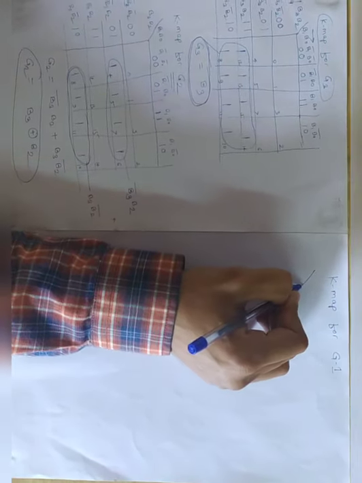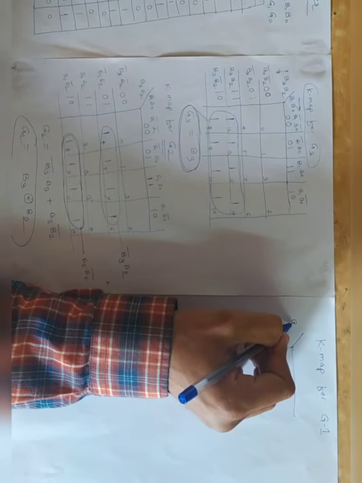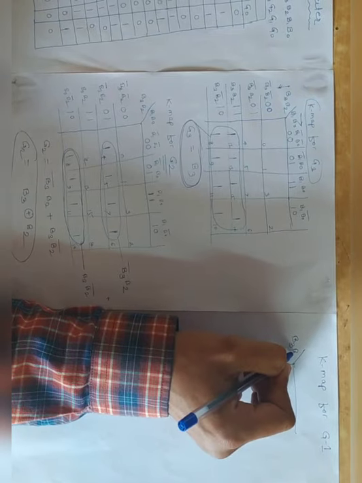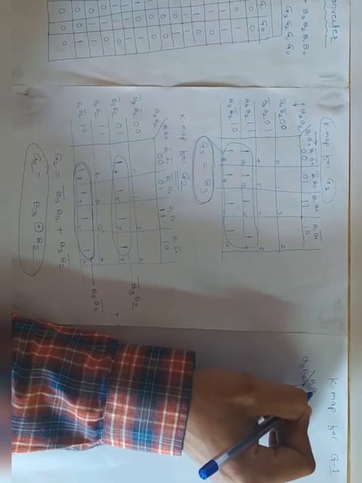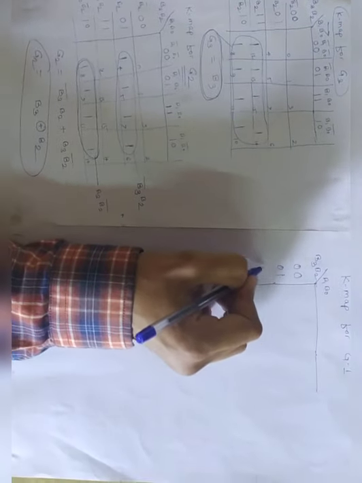The inputs are the same, there is no change. So the inputs are B3, B2, B1 and B0. You just have to draw the K-map with 0, 0, 0, 1, 1, 1 and 1, 0, and the same way here. Everyone knows how to draw the K-map.